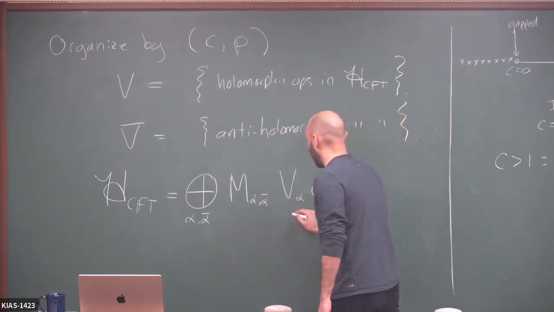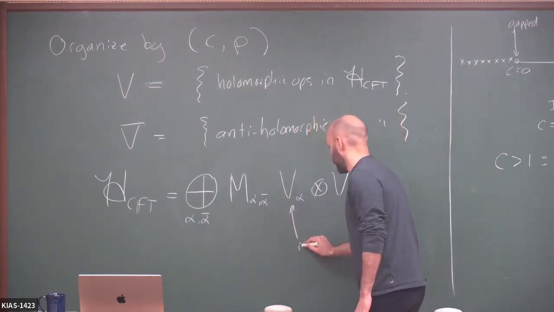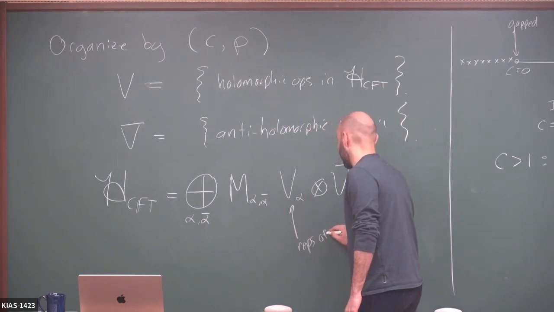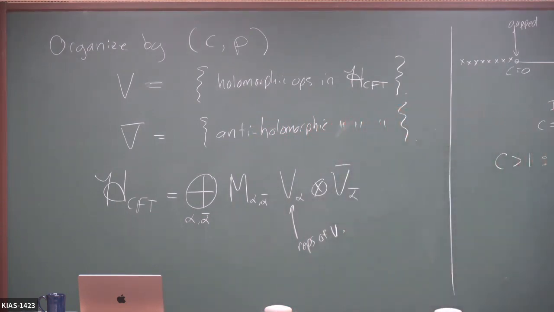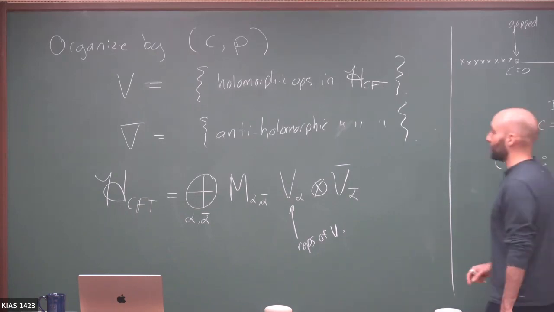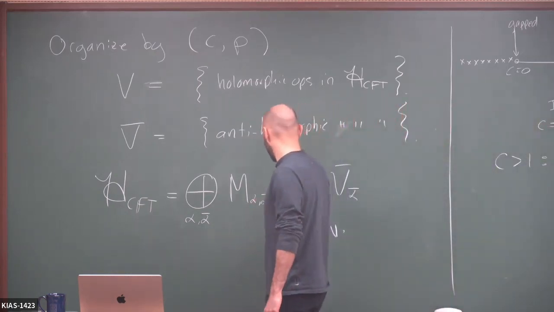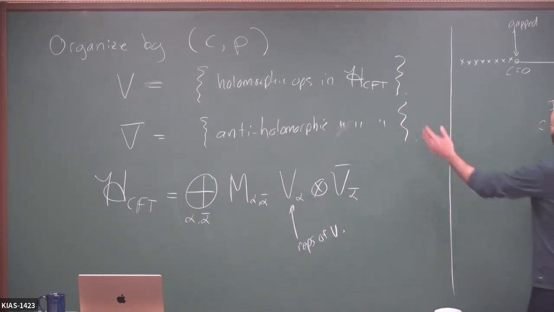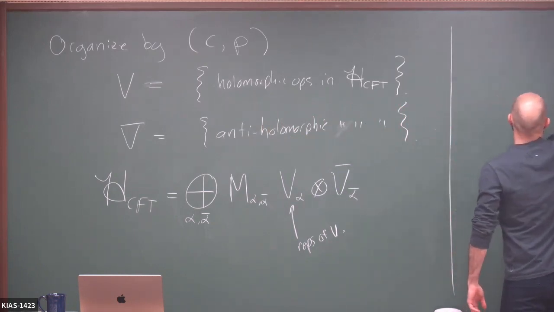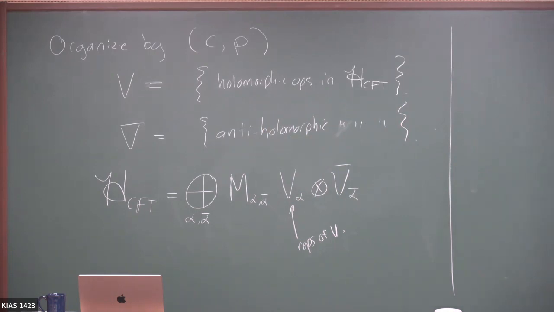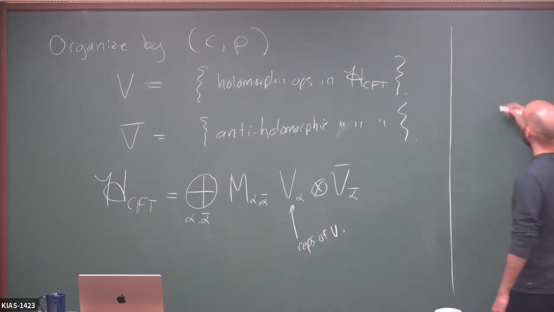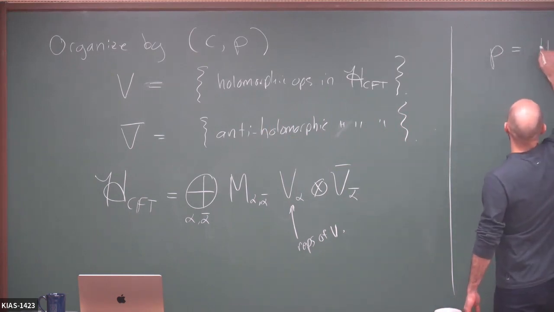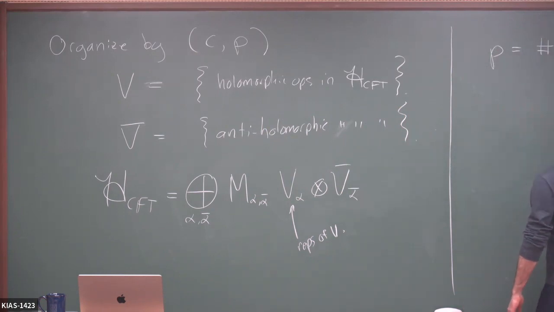So here, alpha runs over the representations of this big chiral algebra. And so in particular, it becomes useful to study the representation theory of this big symmetry algebra. Because after all, you're going to eventually decompose your Hilbert space into representations of B. So p is going to be the number of reps of B.